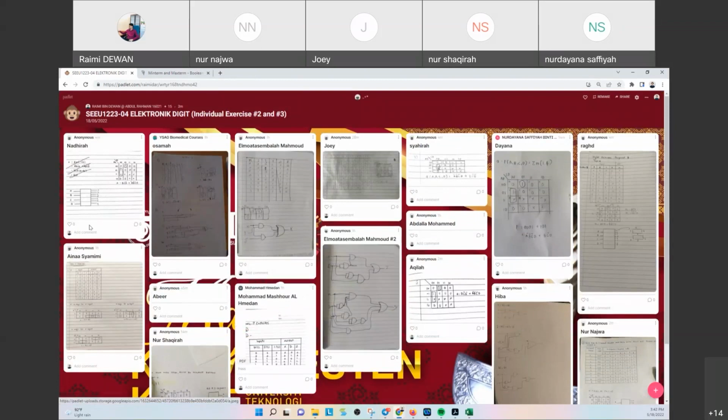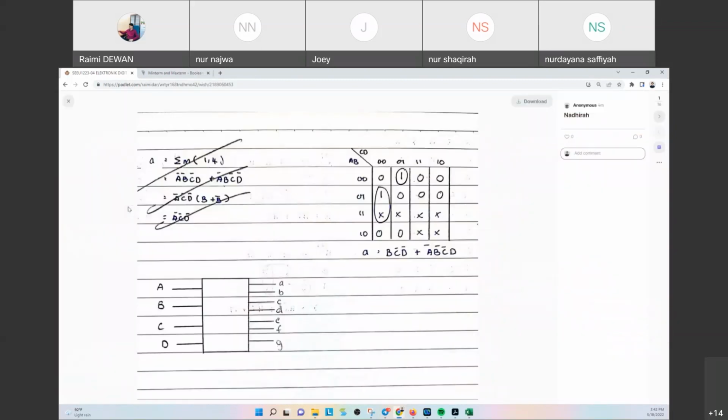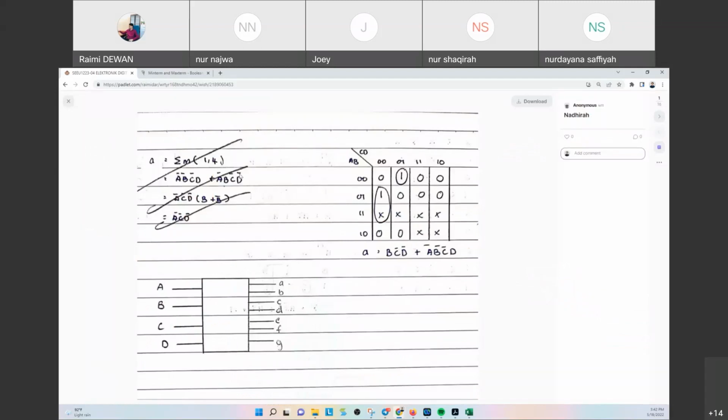So okay, let me see Nadira. Nadira, your answer is not complete. Do you know why I say not complete? Nadira ke ni, Nadira Akila ke Nadira saja ni? Sometimes you have names that are almost similar. Like I think in my class there are 2 Akila. Okay, so here Akila, Nadira, you know your answer is not complete, right?